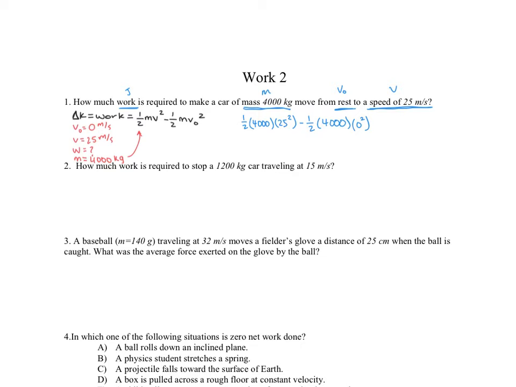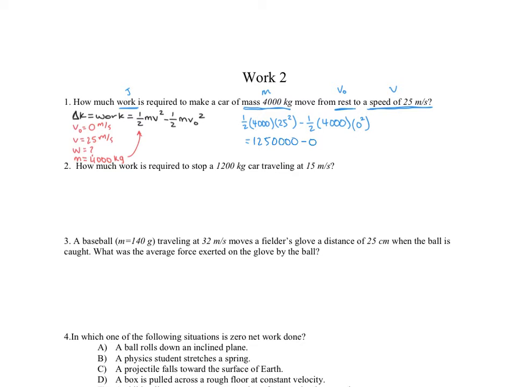Now we can simplify this into 125,000, and then minus 0, because since we plugged in 0, that second part of the equation becomes 0. You could also cancel it out in the beginning once you see that v naught is equal to 0.